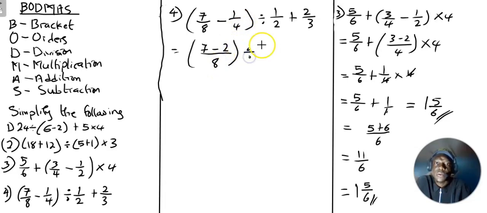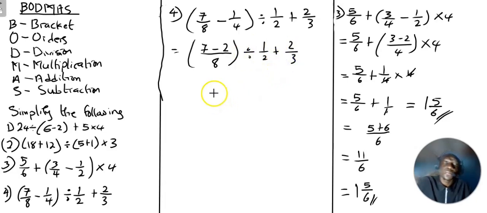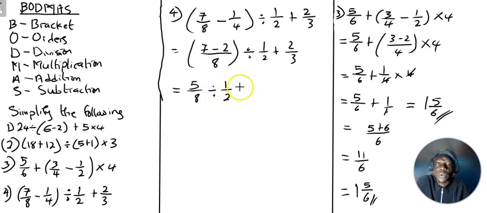Divided by 1 over 2 plus 2 over 3. Now this is equal to 7 minus 2 here will give us 5. So you have 5 over 8 divided by 1 over 2 plus 2 over 3.